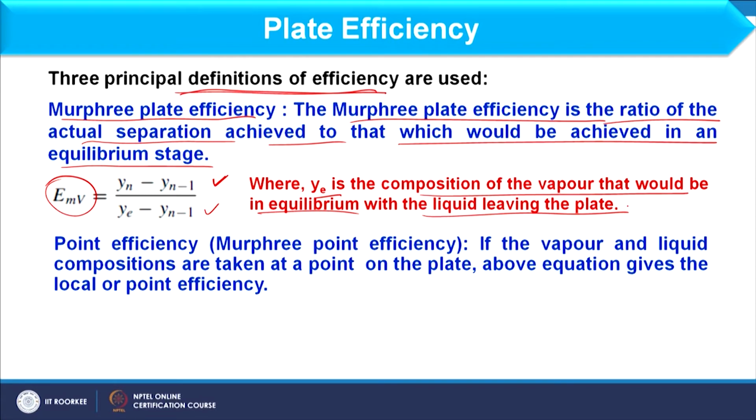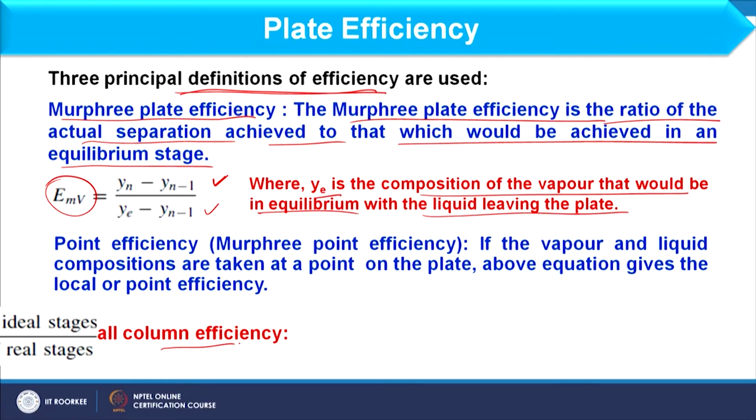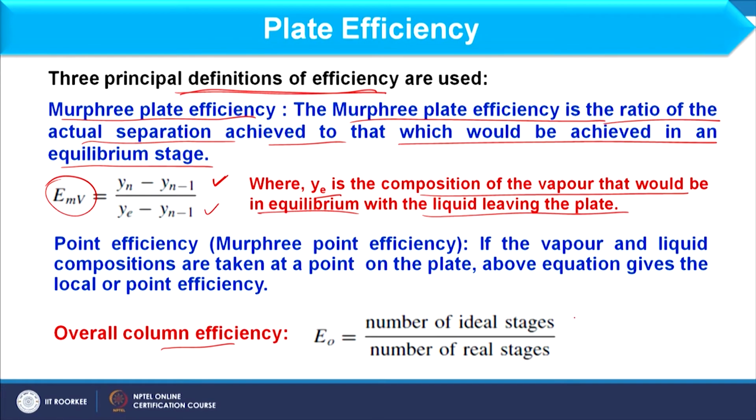If it is available homogeneously over the plate, we consider that as plate efficiency. Further we have a third definition, the column efficiency, represented by Eo, which is equal to the number of ideal trays divided by the number of real trays or stages. In this way we already know some definitions about plate efficiency.